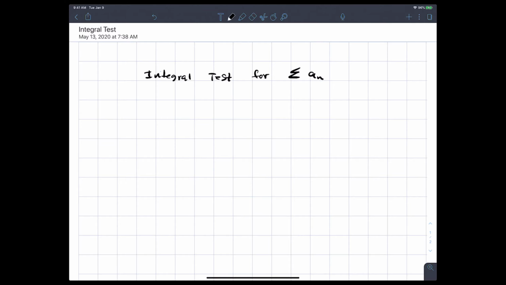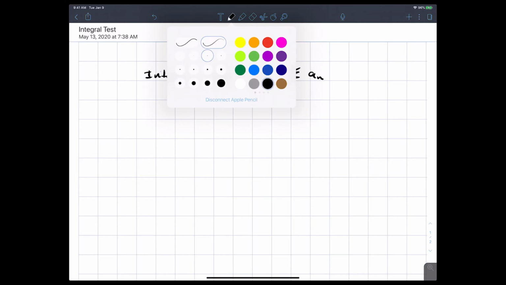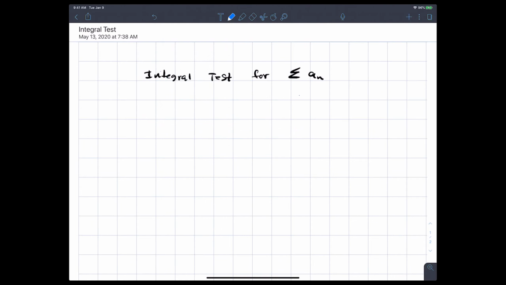Let's remember we can describe every series here: a_n is actually f(n), where n is a natural number. In other words, the domain for the function is the set of all natural numbers.